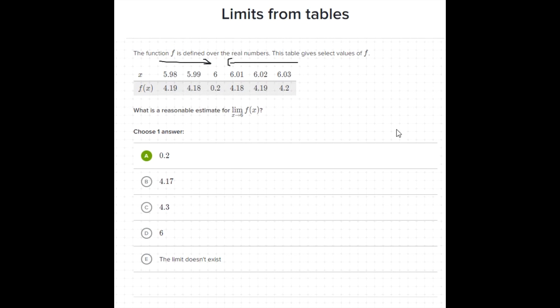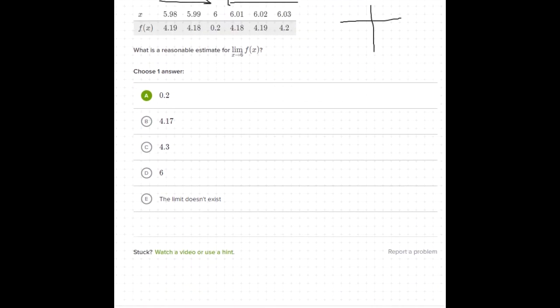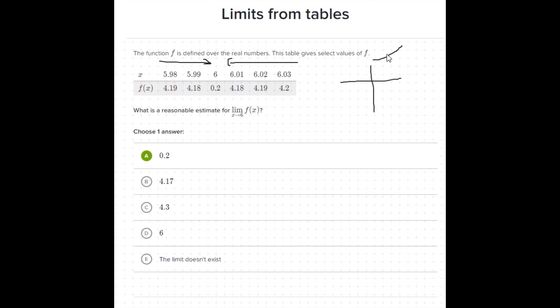And just by looking at it, you can tell that it's kind of a graph. So this is just inaccurate. So if you have this here, it would kind of look something like this. And then there'd be a gap right here, and 6 would be down here.